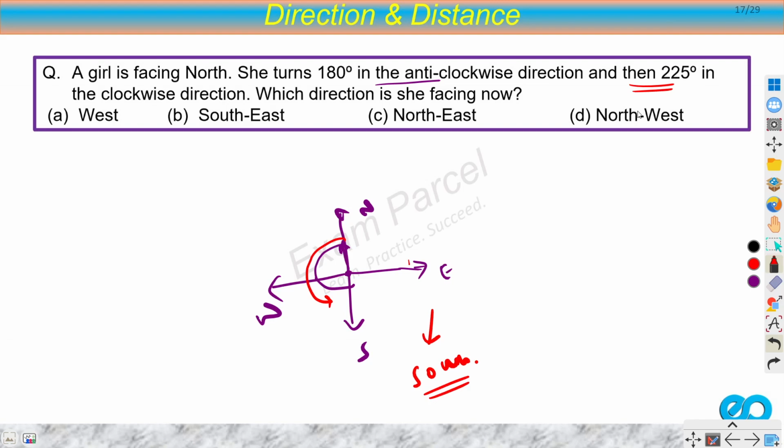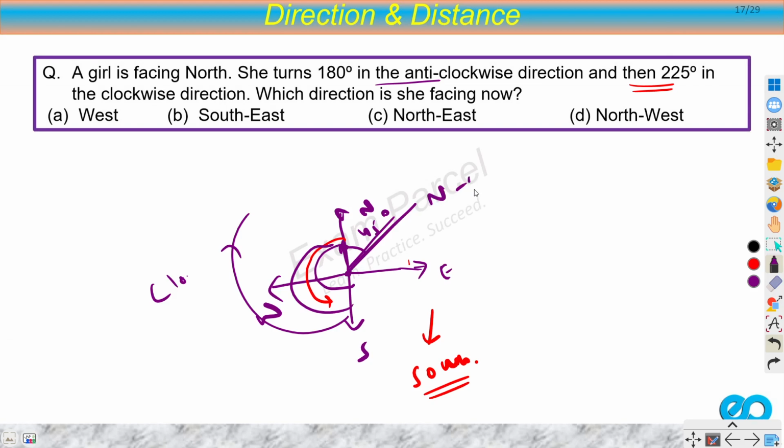Then 225 degrees in the clockwise direction. Now from this position, 225 degrees in clockwise. Clockwise will be this direction. So 180 this much and 45 this one. So 180 plus 45, 225. This means that the girl is now at this position.